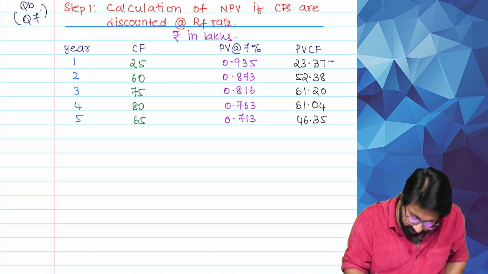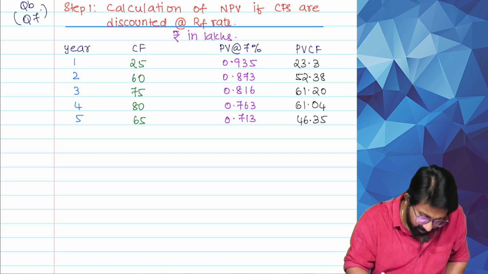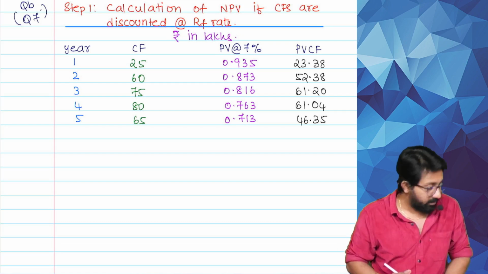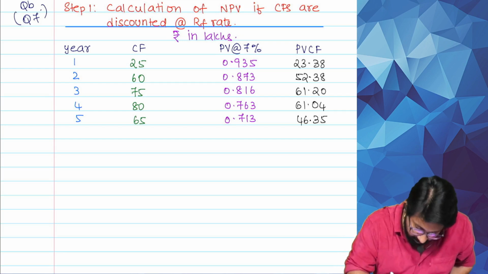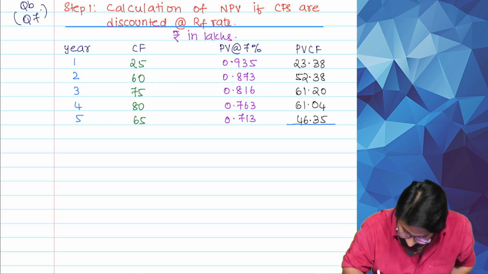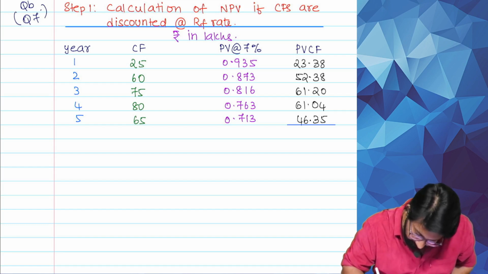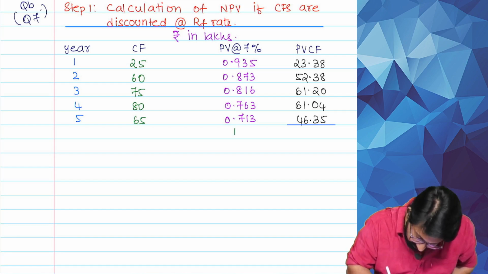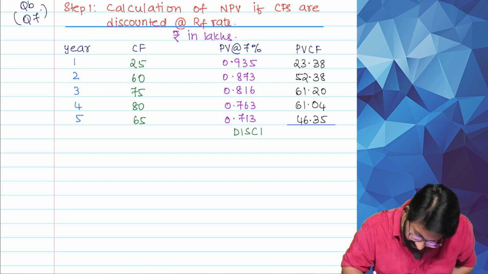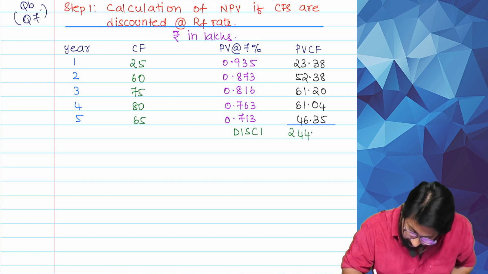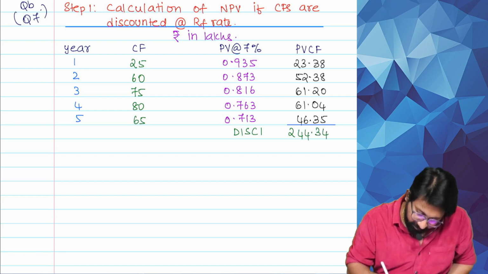First one also make it 23.38. One second. Now tell the value. 244.34.